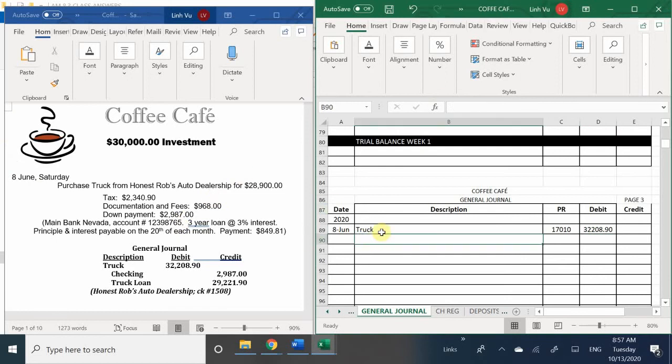So I wrote a check, so I need to make sure that I write a check for the 2,987, which should give me a grand total of my loan of $29,221.90.